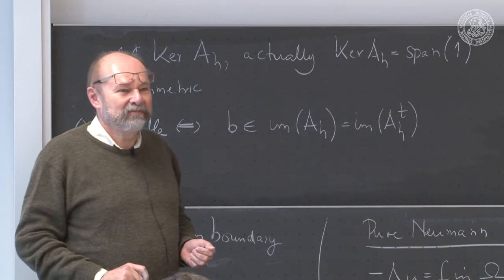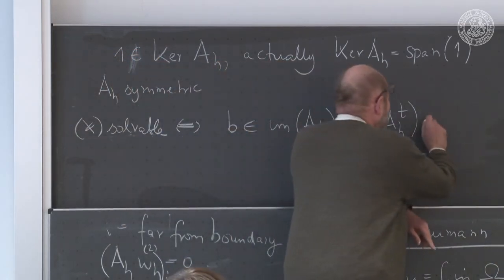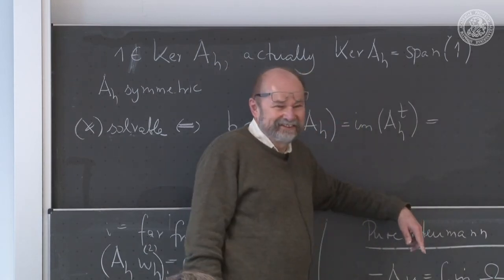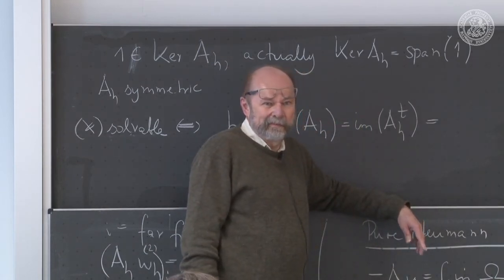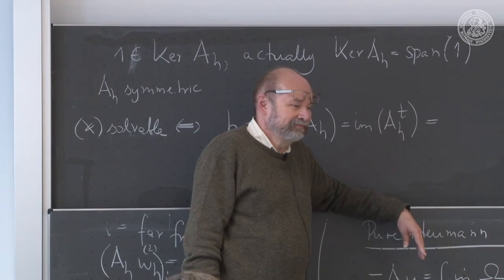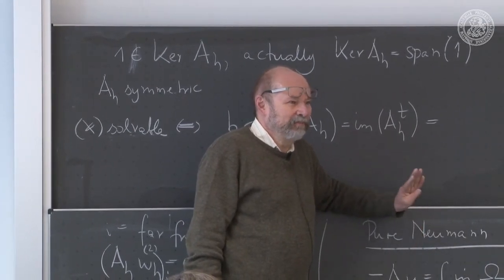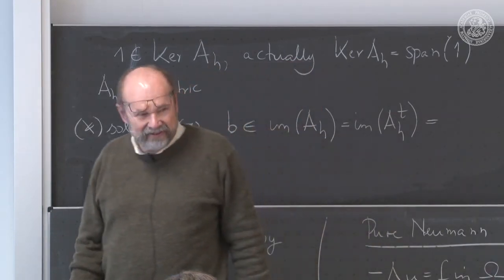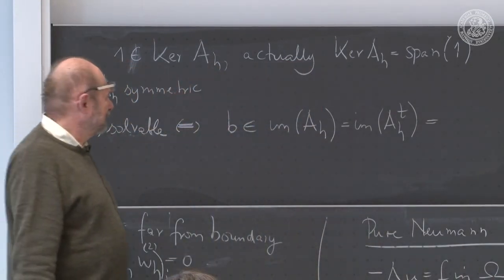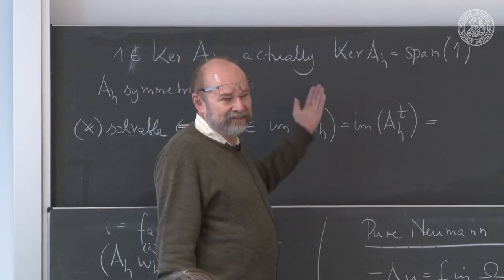What is the magic equality? Never heard of the four magic spaces connected with a set of equations? This is, of course, the image. This is the kernel. And what else?